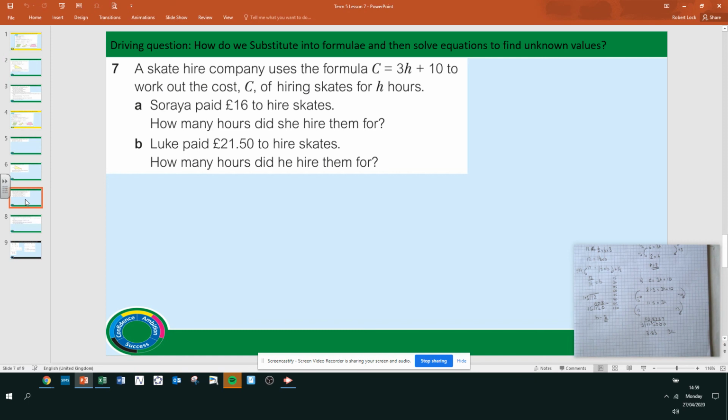An hour is 60 minutes. 0.83 times 60 minutes equals 49.8 minutes. Rounded to the nearest minute will be 50 minutes. So he borrowed the skates for 3 hours, 50 minutes. Not an easy question to do without a calculator.